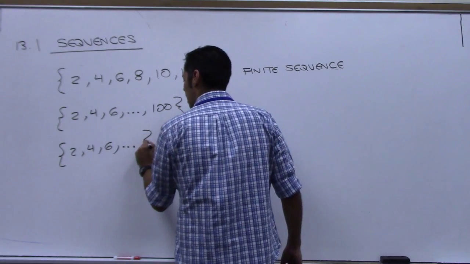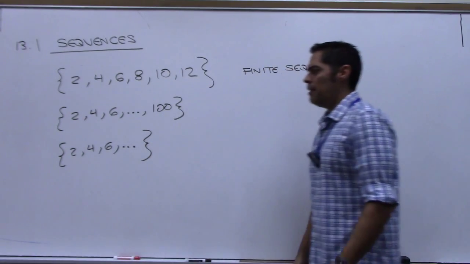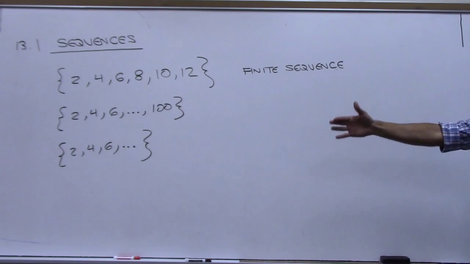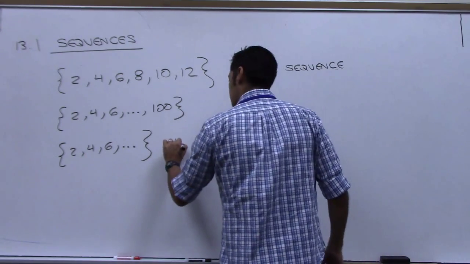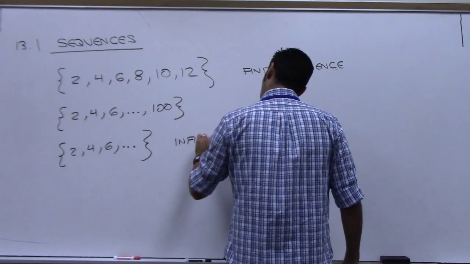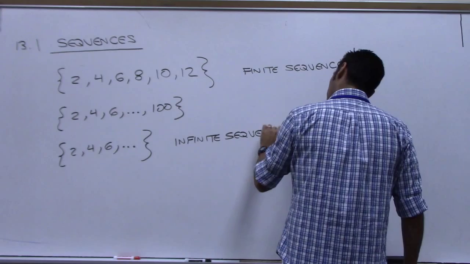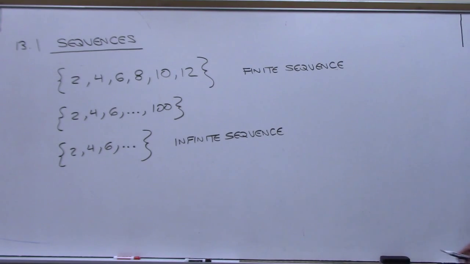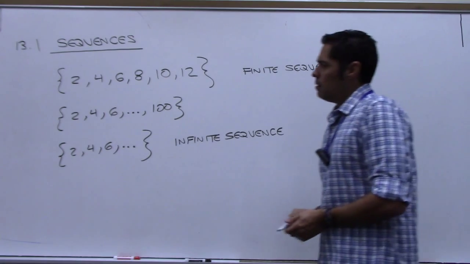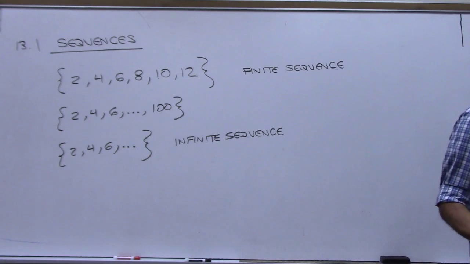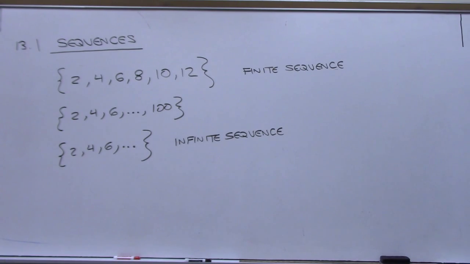I put the 3 dots at the end, and the 3 dots just means that the pattern continues forever. And this is what we call an infinite sequence. So we can look at a sequence as really just a list of numbers. The list might be finite, the list might be infinite.